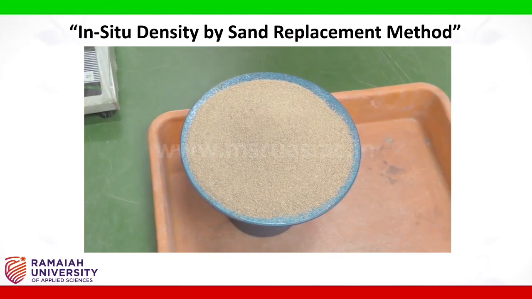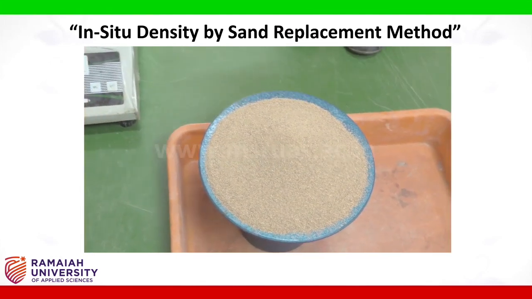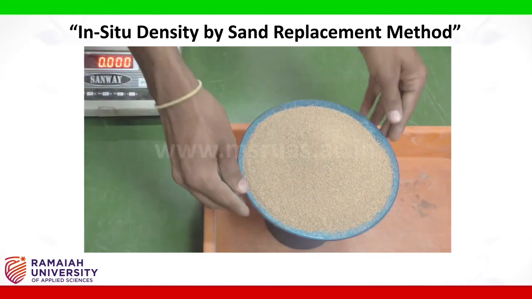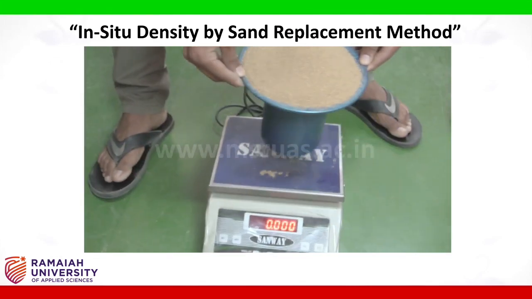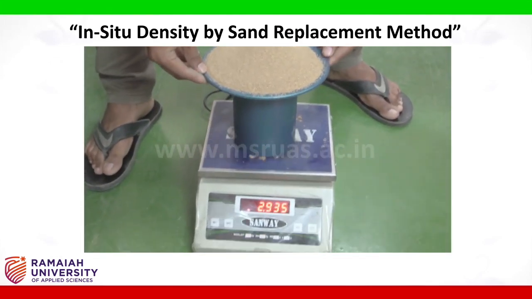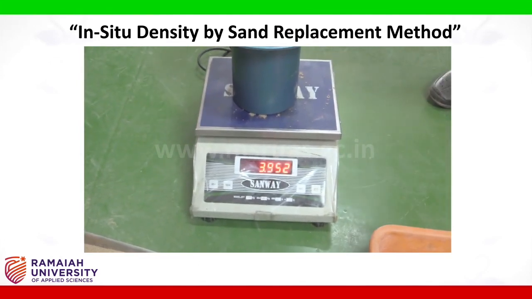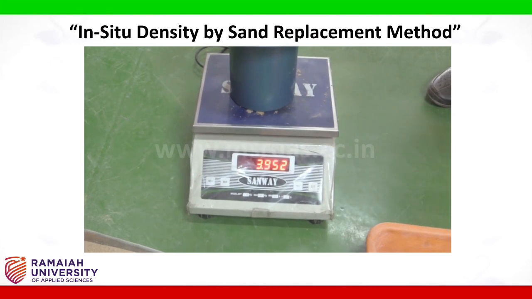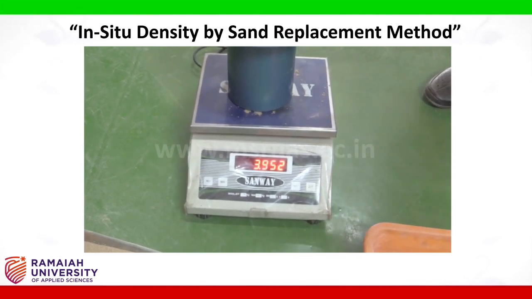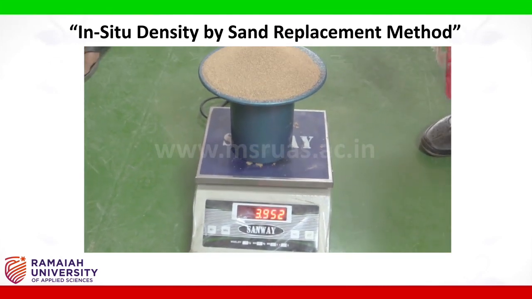Now weigh the calibrating container with the sand. This weight includes the sand filling the container as well as the conical portion.